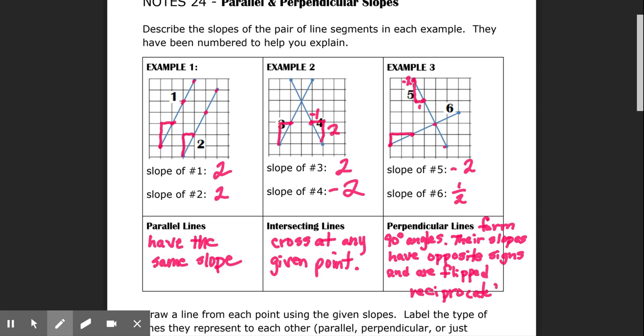Reciprocated. All right, so they have opposite signs and then they're flipped because the slope of number 5 is negative 2, which is like negative 2 over 1. So when you flip that and change the sign, you get 1 over 2.